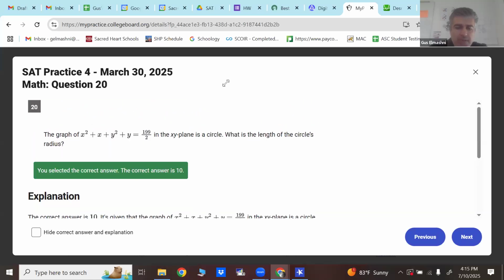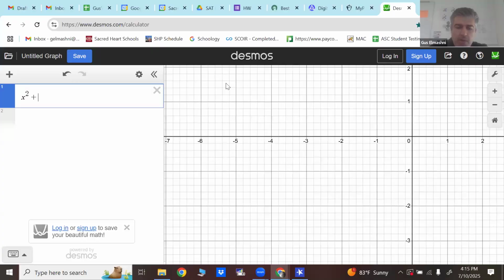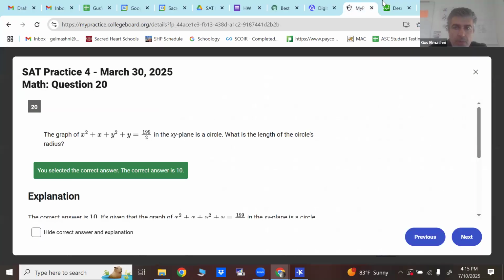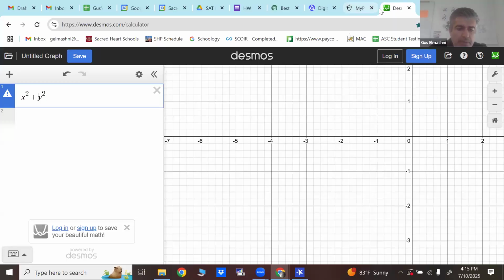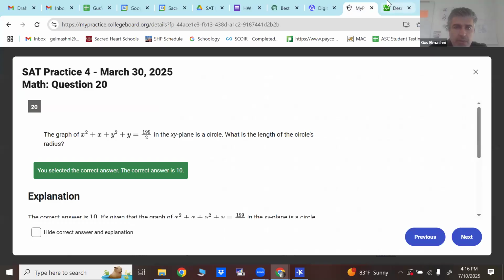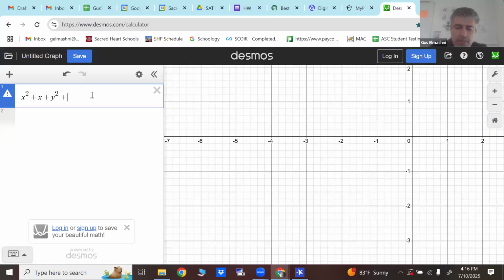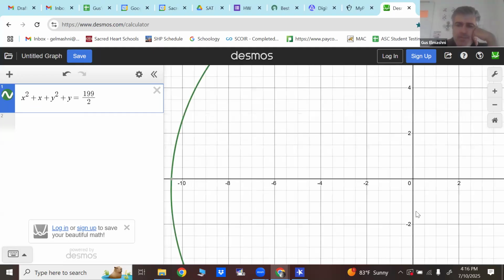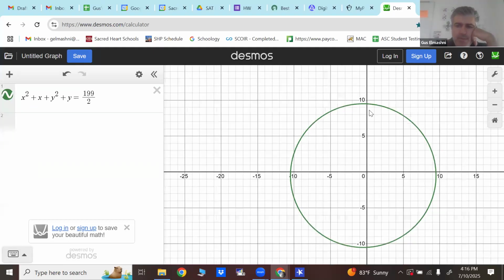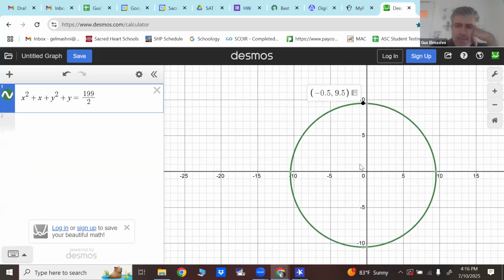So what you could do is type x squared plus y squared, or sorry, plus x plus y squared. Well, it doesn't really matter, but I'll just do that. Plus y equals 199 over 2. So here you go.